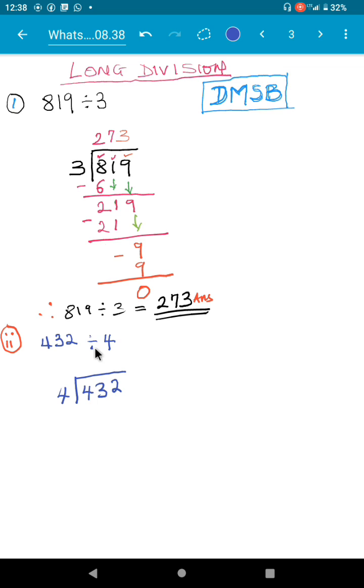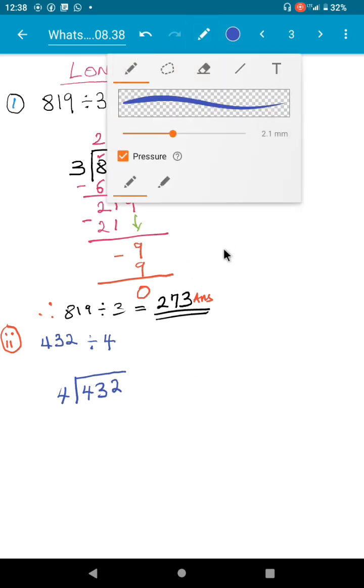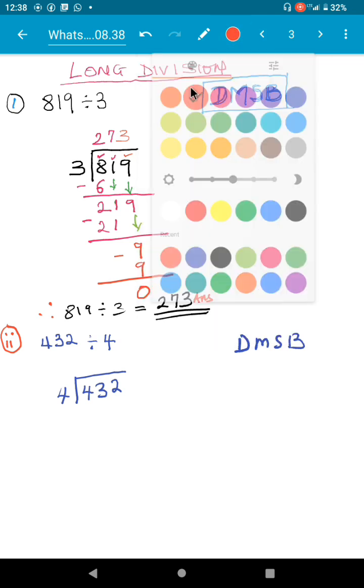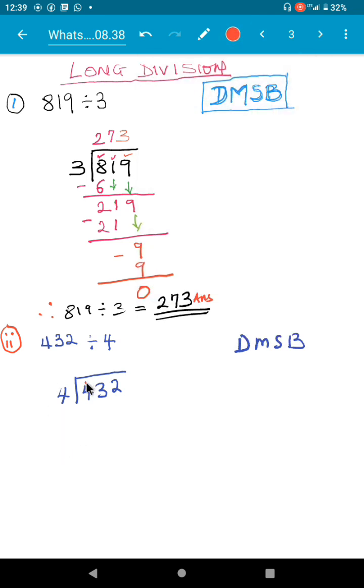Let's go. Now remember, we use our DMSB. So we take them digit by digit. The first digit is 4, so I'm going to treat this 4.